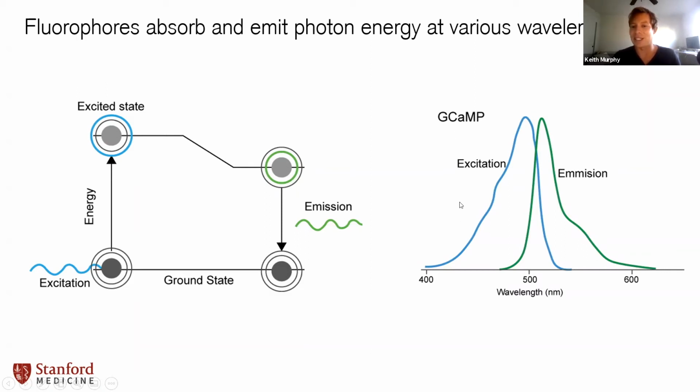There's a difference in your excitation and your emission spectra. So you'll push in blue light and it will be emitted back as green light. So your detector and your emitter actually have to be sensitive to different wavelengths. And they call this the Stokes shift, the shift that I described in wavelength between these two peaks.